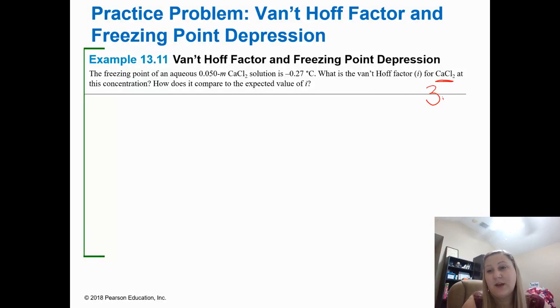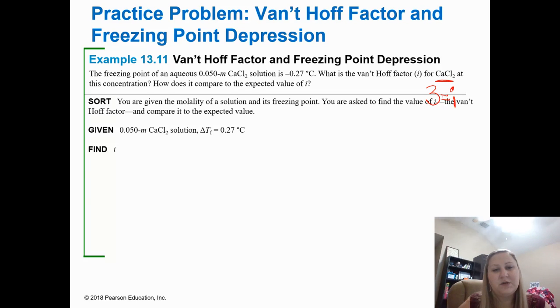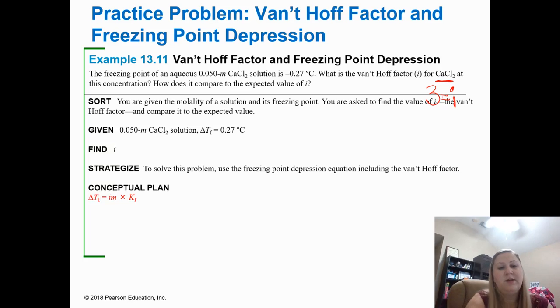Remember the Van't Hoff factor is i, and that's 3 because there's 3 particles from 1 ionic compound. They're going to plug it in front of molarity. Again, I'm not going to ask this, but it's the same thing as we were doing before with the Kf and molality. You just need to plug in that Van't Hoff factor as well.